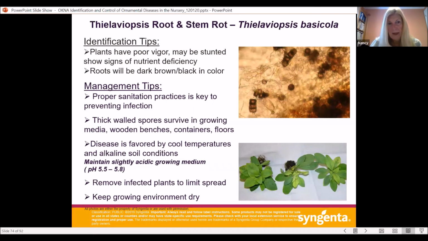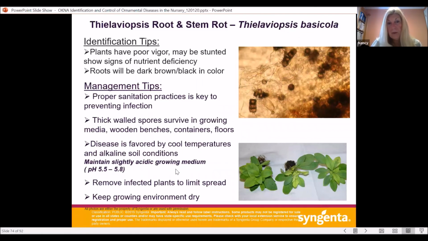Phalaenopsis is something that we run into more with some of the perennials. The plants tend to have more reduced vigor, maybe stunted, and generally the root system tends to be very dark because of these fungal structures that you see in the roots.